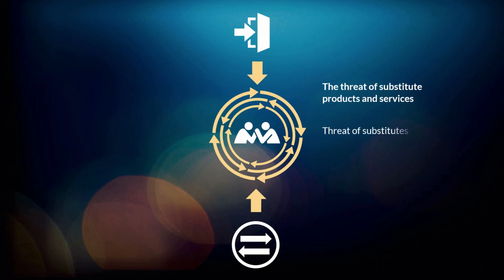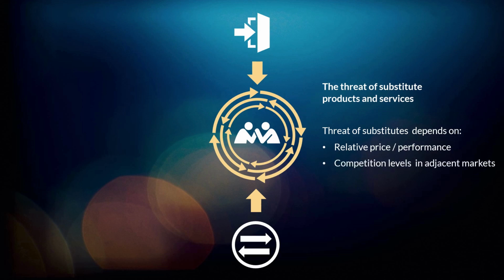The more attractive the price and performance trade-off offered by a substitute, the greater the pressure on the industry's profit potential. Substitutes can sometimes come into play when a change in the competitive forces of an adjacent industry causes a price reduction or improvement in performance of their offerings.